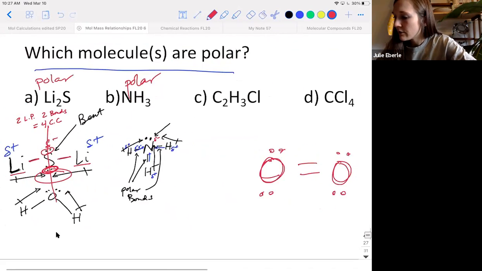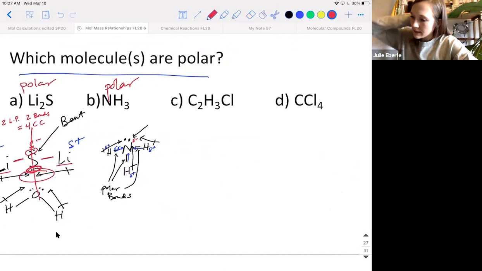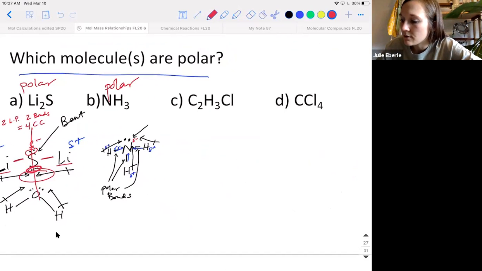So if we're continuing over here, C2H3Cl. So if we're drawing a molecule like this, we've got 2 carbons. And we only have 3 hydrogens here and 1 chlorine. So this molecule, what are we going to have in this one?